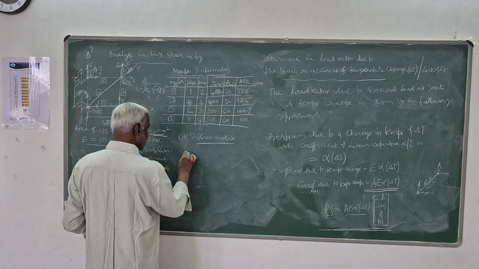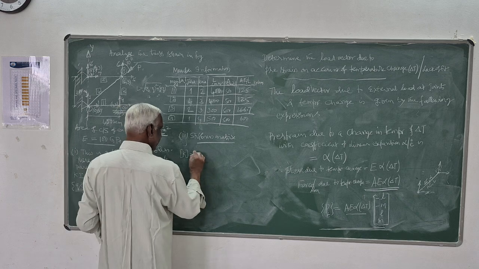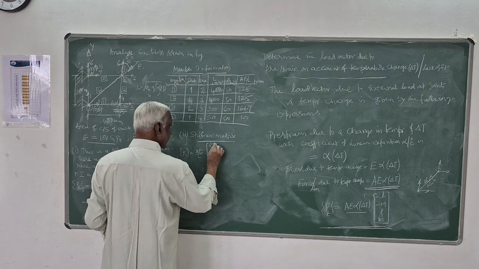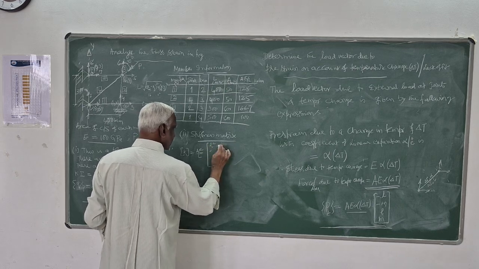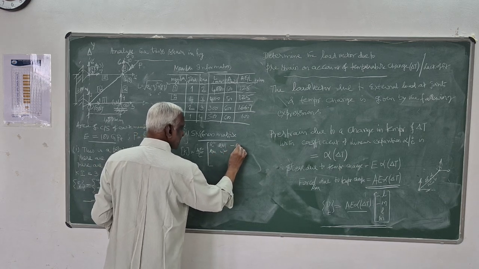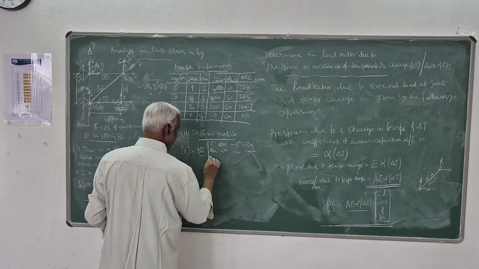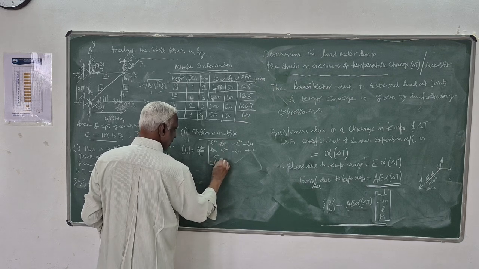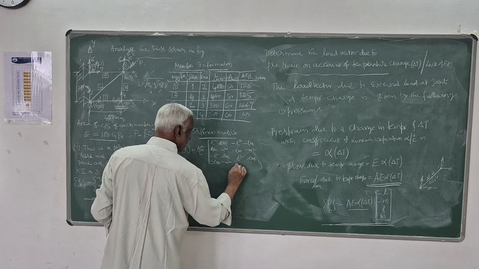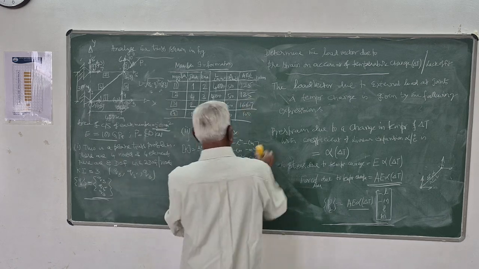Then you know that the stiffness matrix in global coordinates is given by that equation, AE by L into L square, LM, minus L square, minus LM; LM, M square, minus LM, minus M square; minus L square, minus LM, L square, LM; minus LM, minus M square, LM, M square. And that also you have to determine.